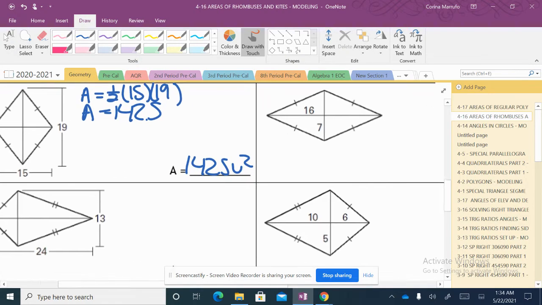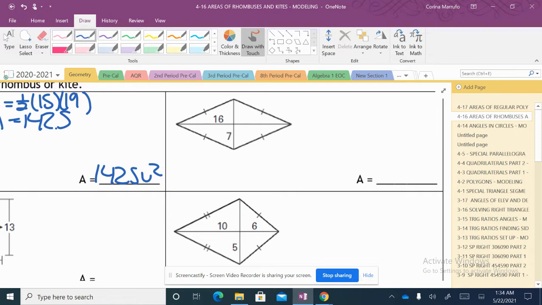Okay, this next one. Now this next one tells me that this is 16. Unless they put something like from here to here is 16, or if they put something like this, then that tells you the whole thing, kind of like in the last problem. So because of this, if this is 16, then this is 16, which means the whole diagonal here is 32.